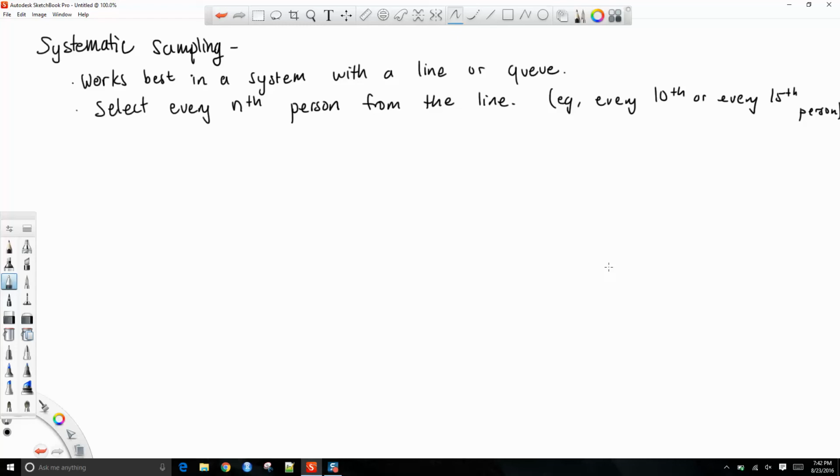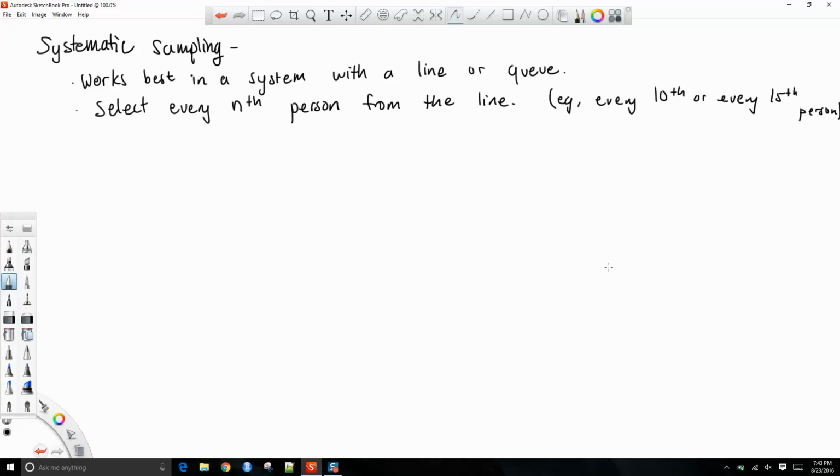Sometimes when you check out at the store, every now and then you get this bonus survey thing. It says, answer this survey, tell us about your experience. Now they might print that on every single receipt, but in some places they only print it on every 5th receipt or something like that. So that would be a form of systematic sampling.